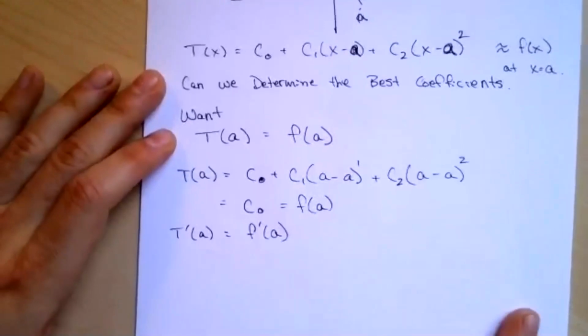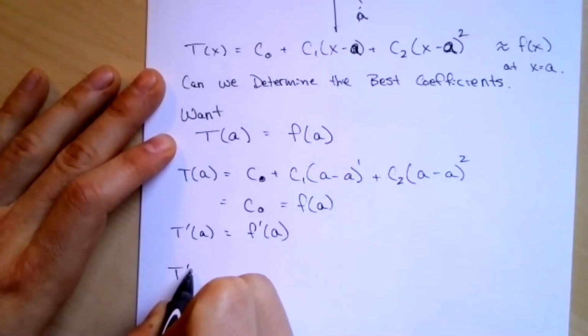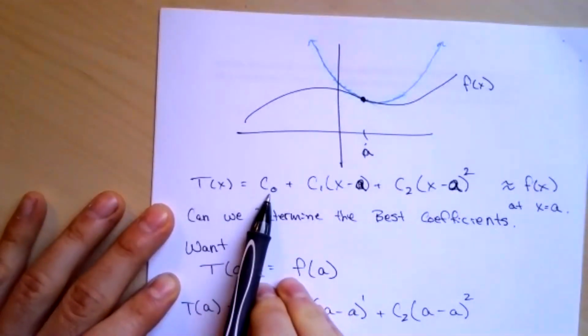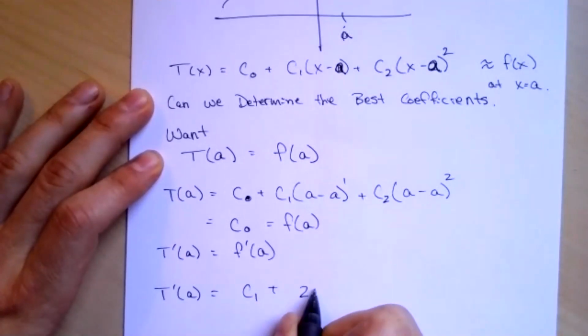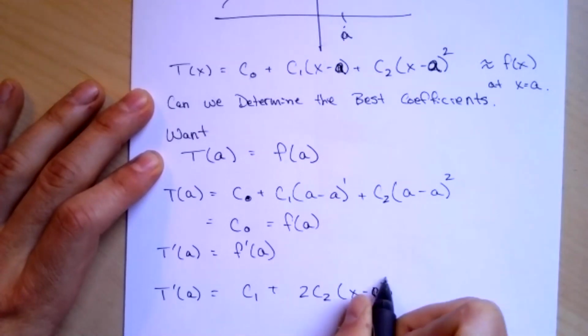So if the first derivatives are the same, what does that tell us? Well, T prime of a, that c0 is going to drop off, and we are just going to be left with c1 plus 2 times c2 times (x minus a) to the 1.